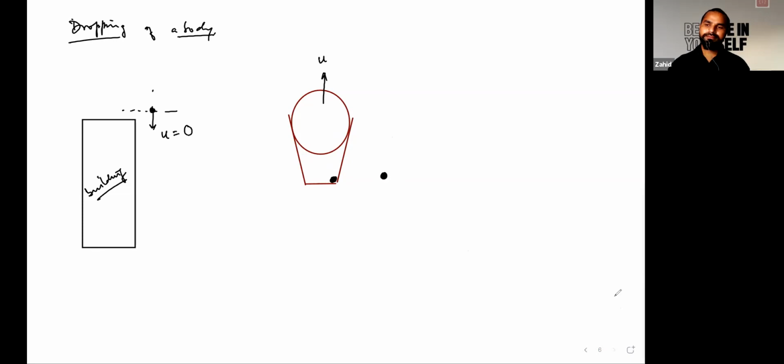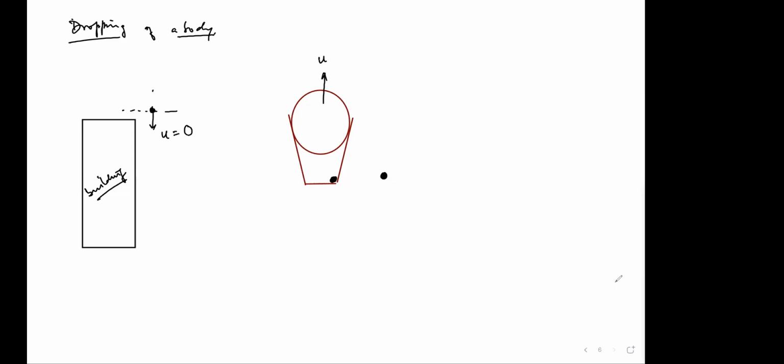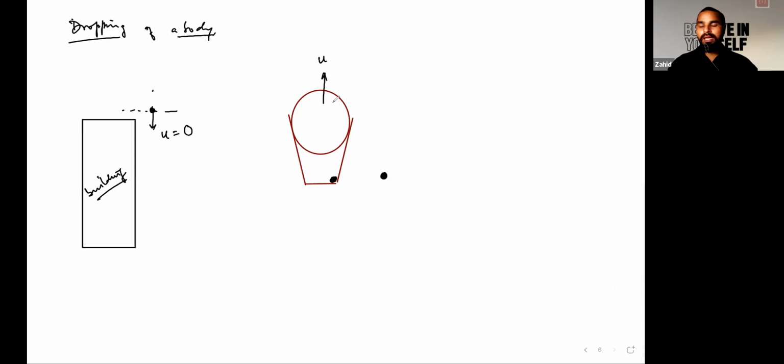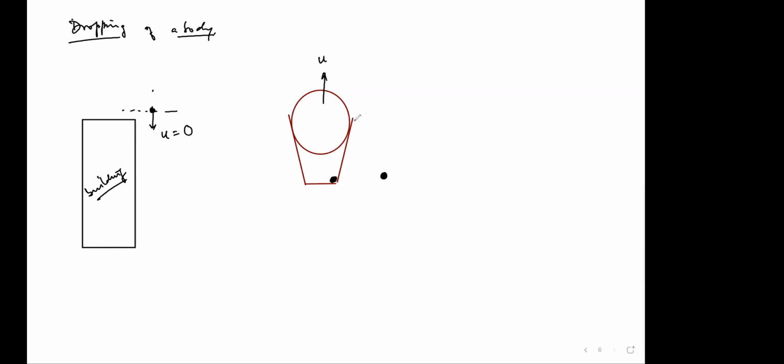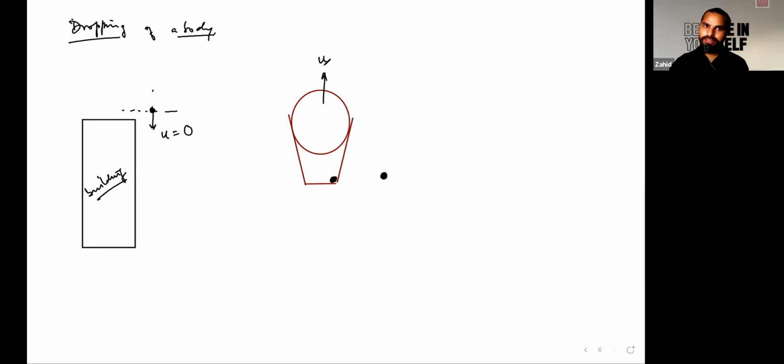Hiba? So downwards. As we have discussed earlier, an object moving in a system must acquire the velocity of the system of which it is a part. This ball is initially a part of this system, and this system is going up at velocity u.